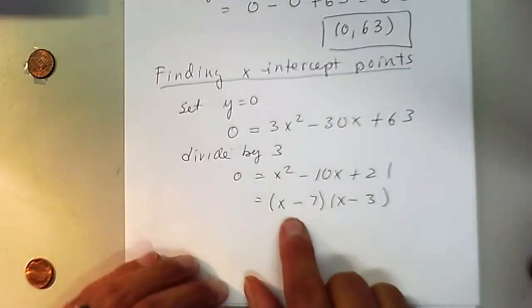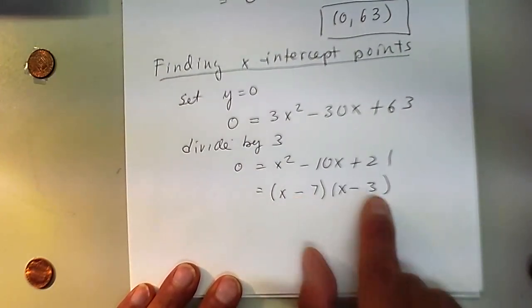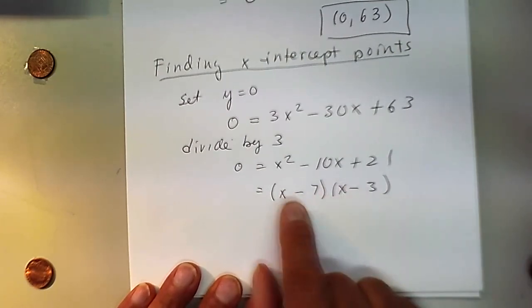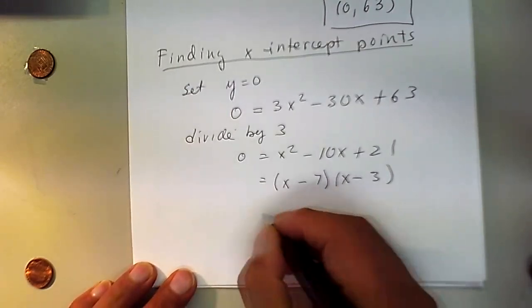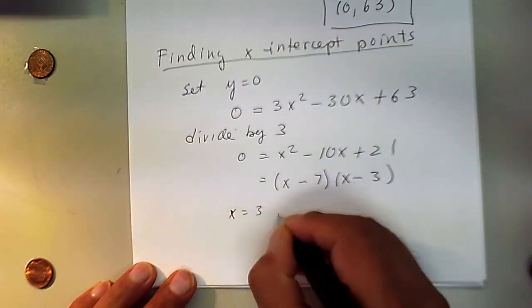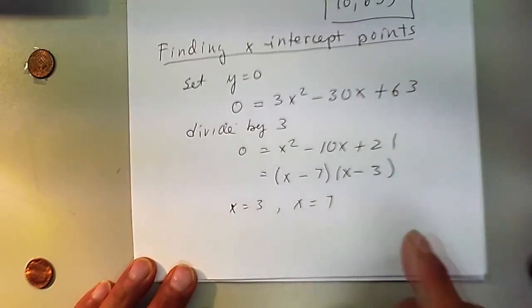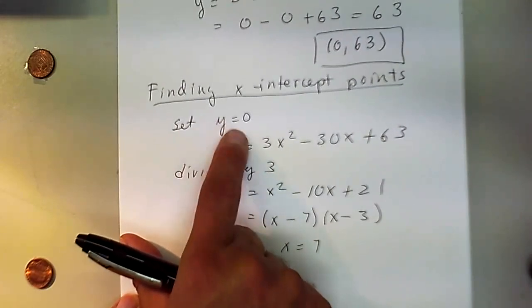And you guys know the drill. By the zero product property, each one of those is equal to 0, and consequently x equals 3 or x equals 7. So x equals 3 or x equals 7, but we want to give the x-intercept points. The y-coordinate is 0. That's what we started out here with.